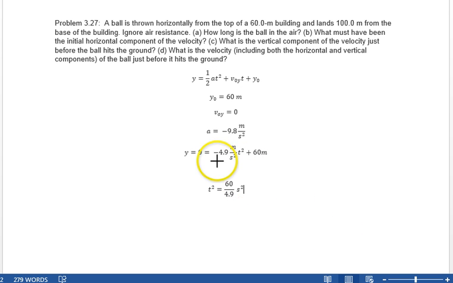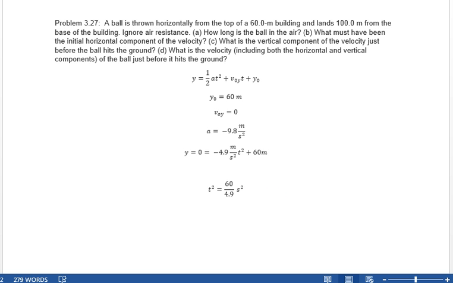I took this and added 4.9 meters per second squared t squared to both sides, so that I got 4.9 meters per second squared t squared on this side and had just 60 meters on that side. And then I divided by the 4.9 meters per second squared, so that I'm left with just t squared.